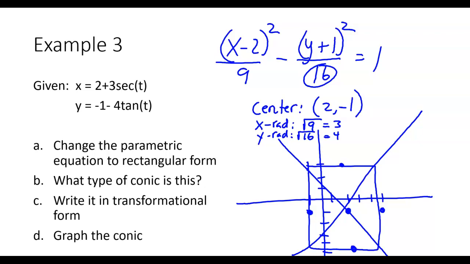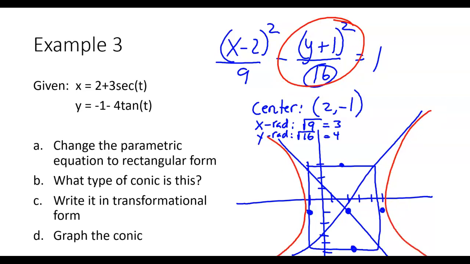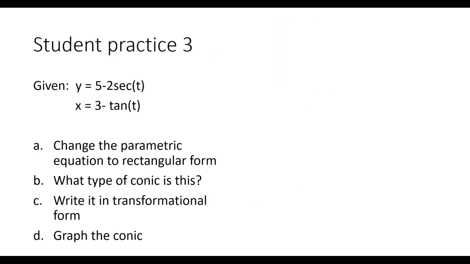Well, for hyperbolas, whenever the y is the negative one, our hyperbola is going to be on the left and right, so it's going to look like this. Okay, so there's that.